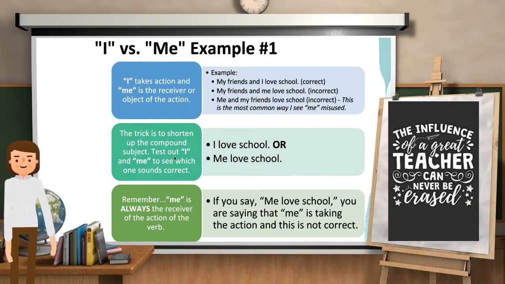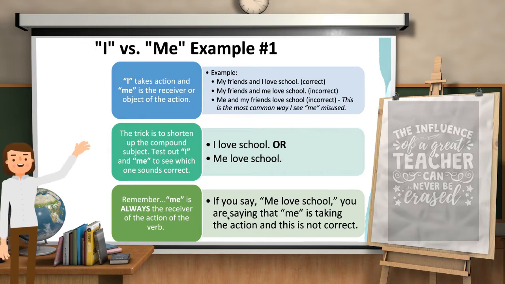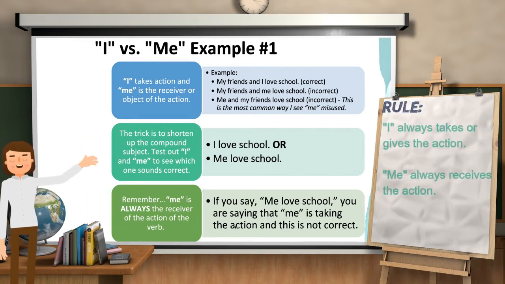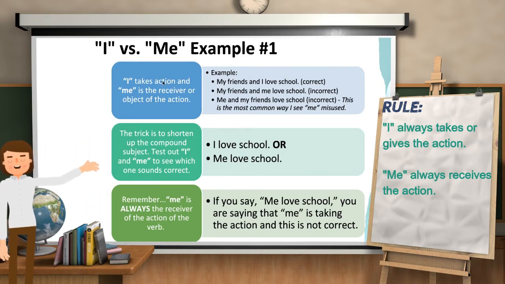Okay, so the trick is, like I said, shorten up that compound subject, test it out, and see which one works. Remember, if you say me love school, you are saying that me is taking the action, and this is not correct. So that rule is that I always takes the action or gives the action.